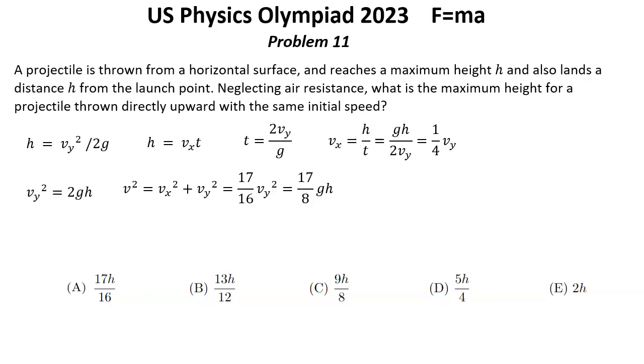And last, for the second case, we have height equal v squared over 2g, or 17 over 16 h, which is answer A, and this was the solution for problem 11.